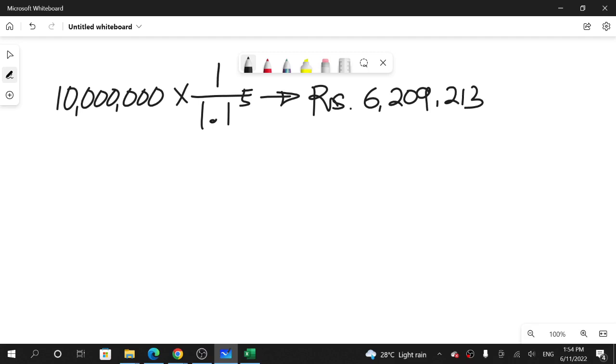The present value of the future payment of rupees 10 million, using the market rate of interest for a similar loan.